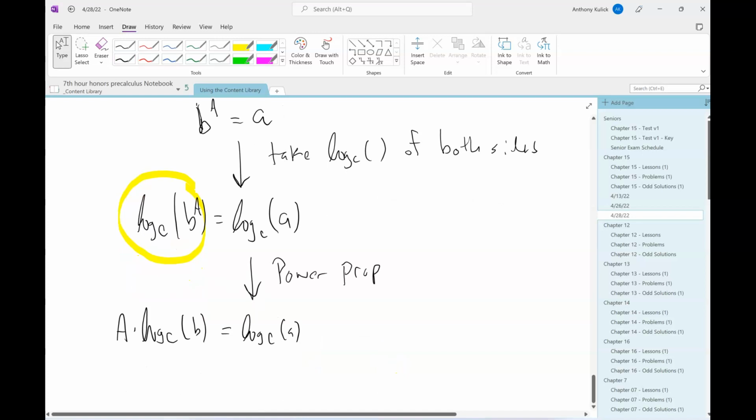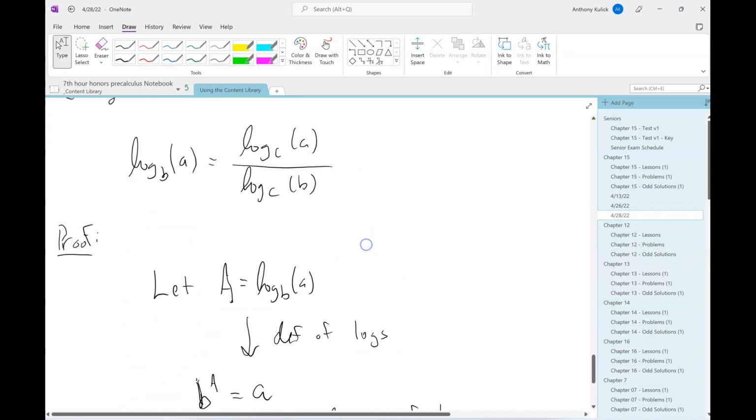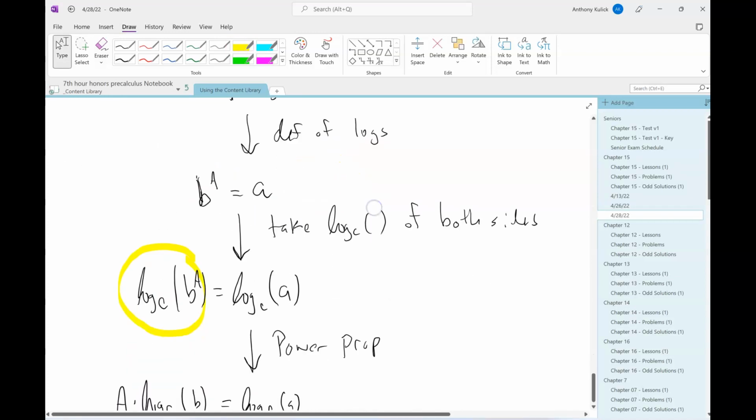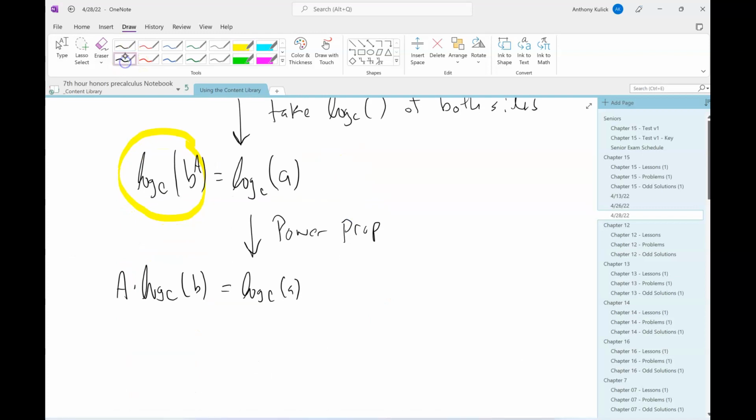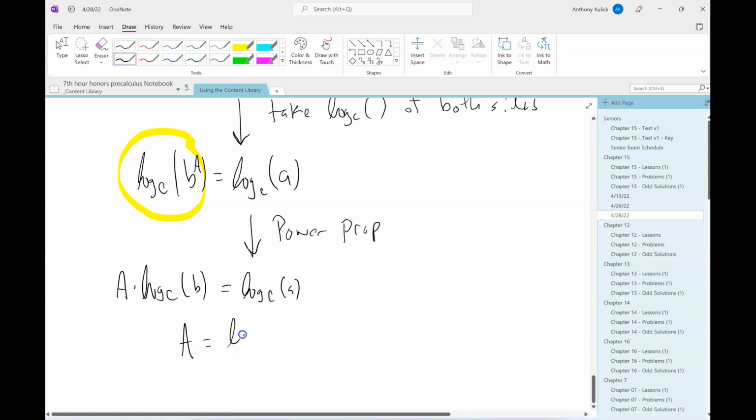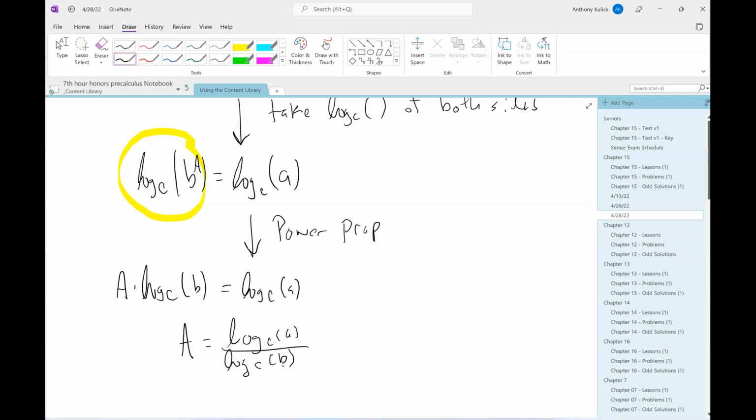If I go back and look at my change of base formula on the right-hand side, the denominator should be log base C of B. That is the coefficient I have on the right-hand side. So if I divide both sides by that, the right-hand side of my change of base formula is now complete.